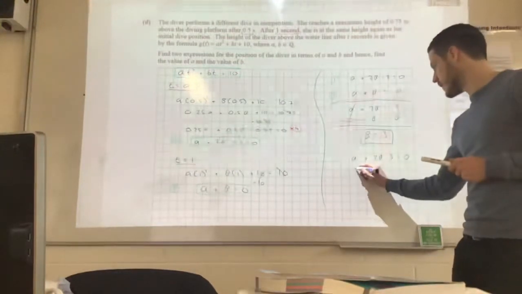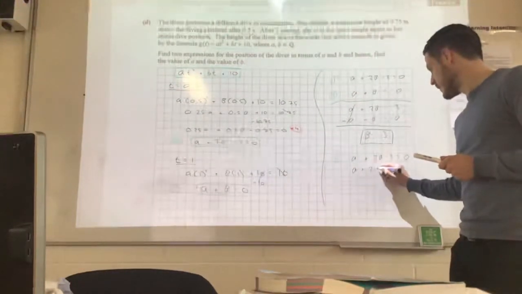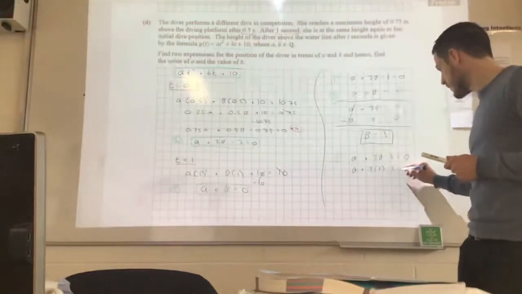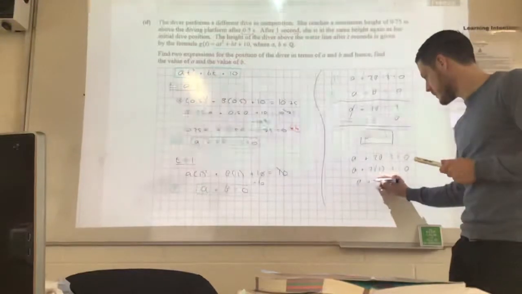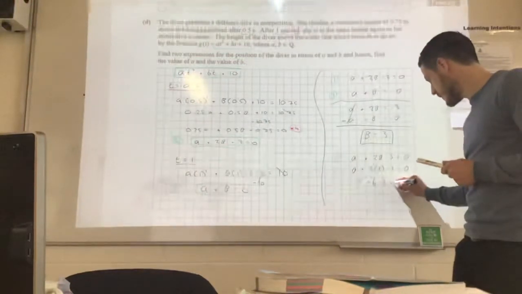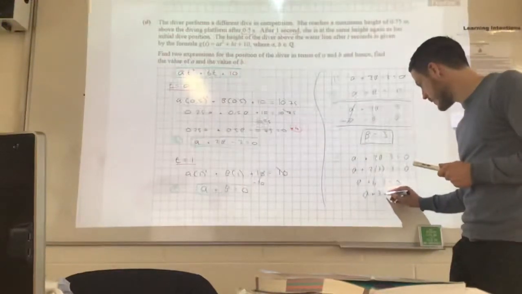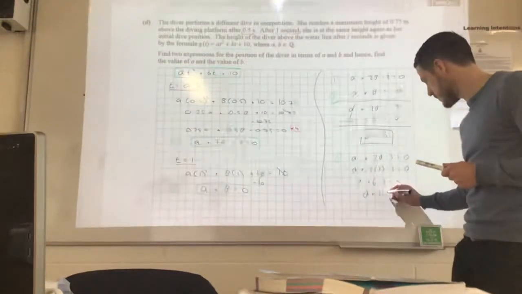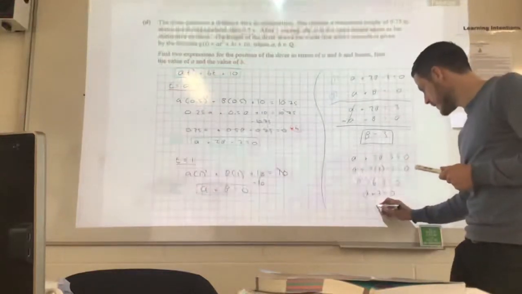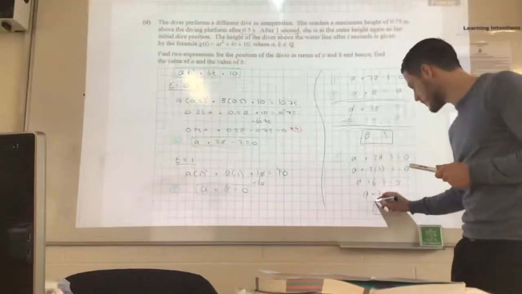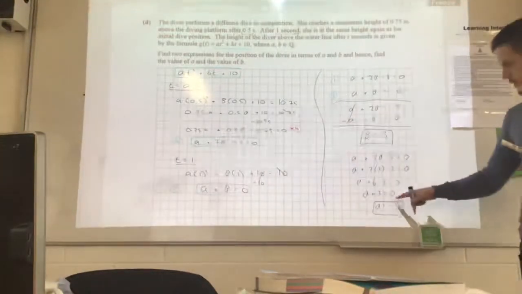Sub b in, I get a plus 2 times 3 minus 3 is equal to 0. A plus 6 minus 3 is equal to 0. A plus 3 is equal to 0, and a is going to be equal to minus 3 if I bring 3 across. So bring your 3 across, becomes minus 3.